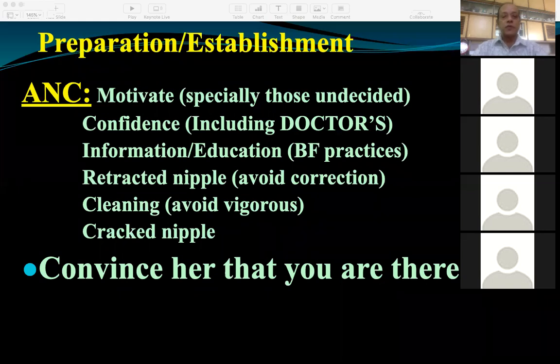We can tell her about information and education regarding breastfeeding practices. If there is a retracted nipple, there is no need to correct it immediately in the antenatal period. Many times it gets corrected after the birth of the child. Vigorous cleaning has to be avoided. A normal routine bath is sufficient, and if you give excessive cleaning, it can result in cracked nipples. So you have to convince her that you are there if there are some problems after the birth of the child. So this is very important. You have to keep in mind that motivation and confidence building is very important.